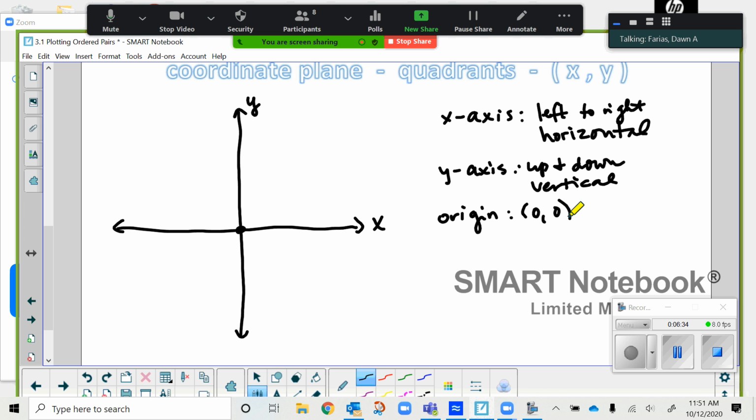so that's a special point, right? 0, 0, it's specific. But any point in general, so an ordered pair, 0, 0 is an ordered pair.